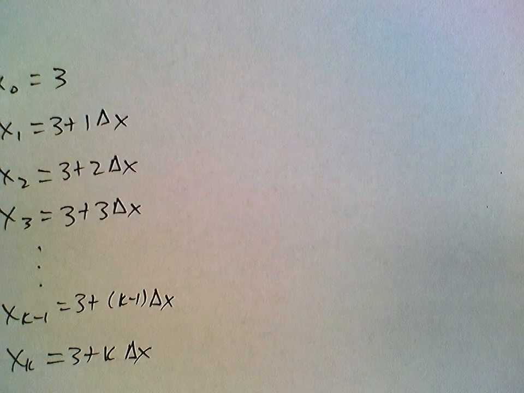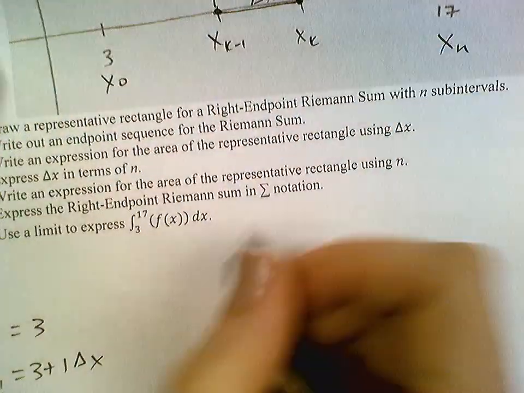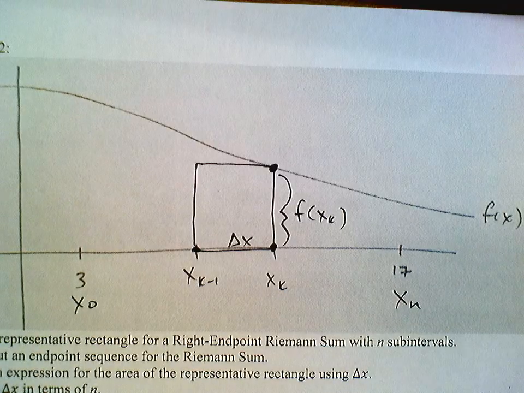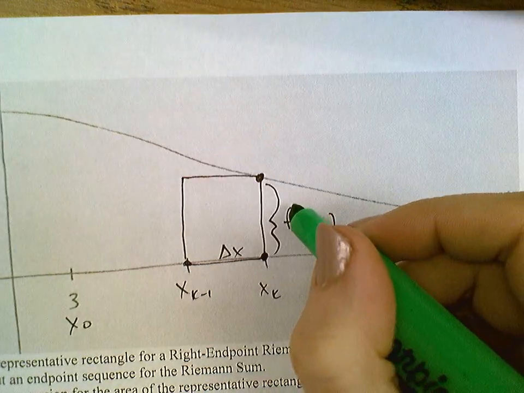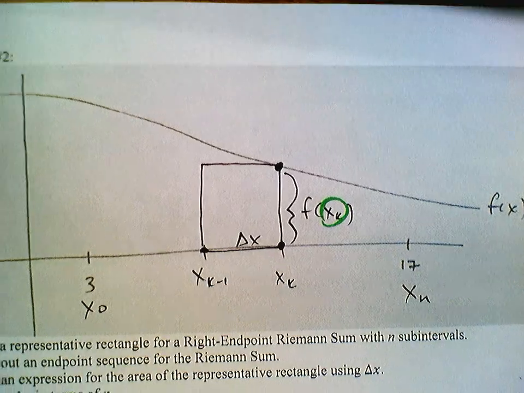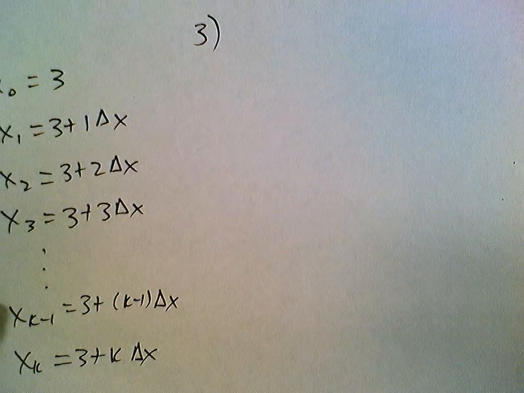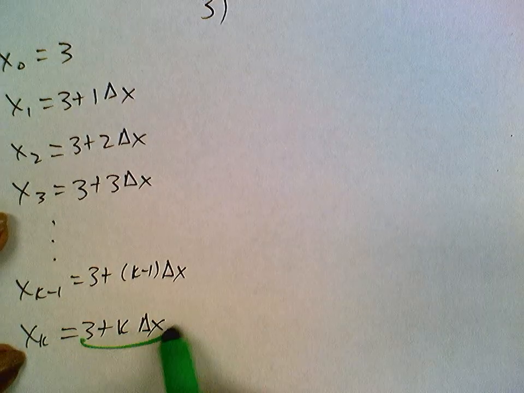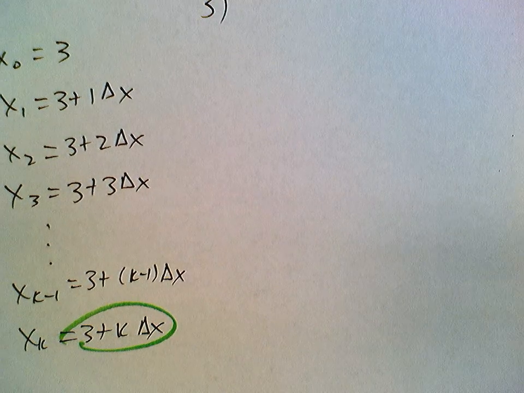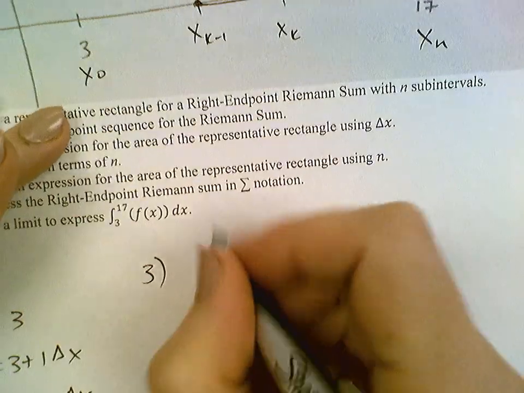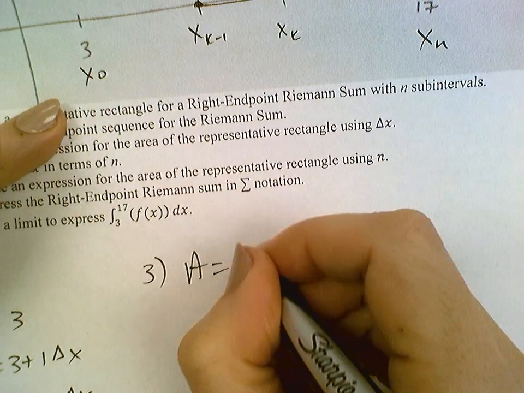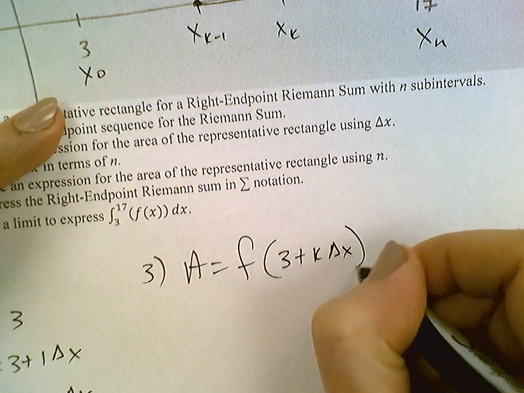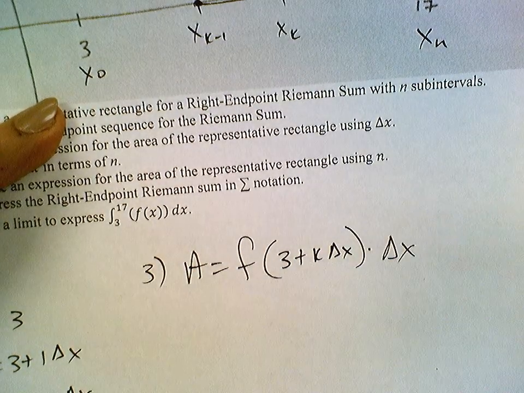Then you write an expression for the area. Now the height is f of x sub k, but we want to use deltas whenever we can, so the height is f of 3 plus k delta x, times the base, which is delta x.